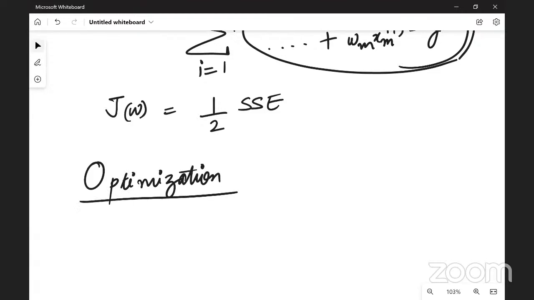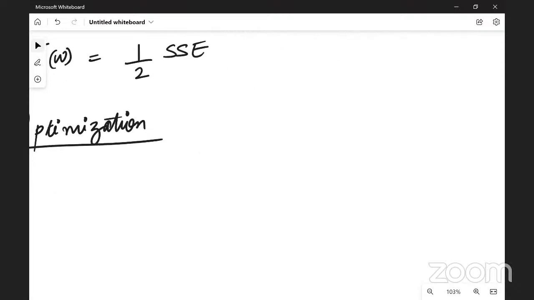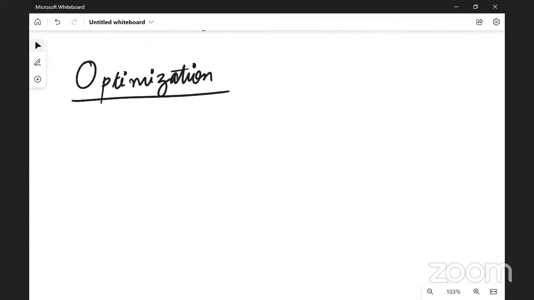And by the way, why do we need an optimization procedure? To get the best model, to minimize the loss. Absolutely right. We want to minimize the loss, so optimization and loss are very tightly connected.